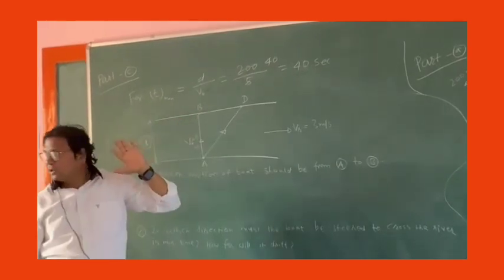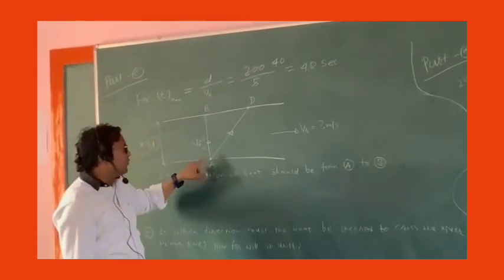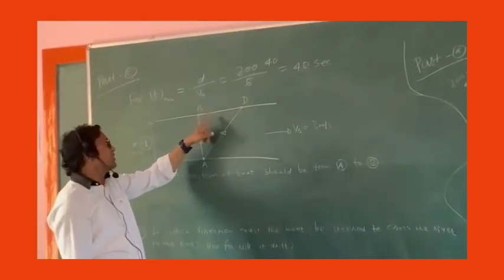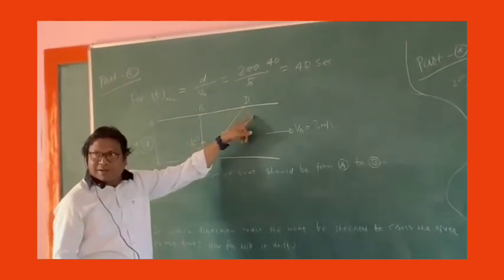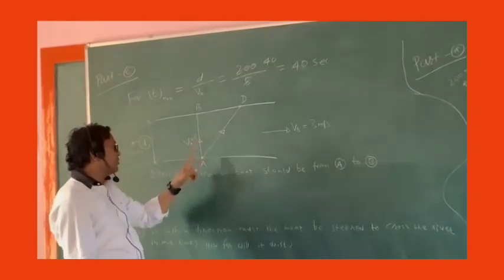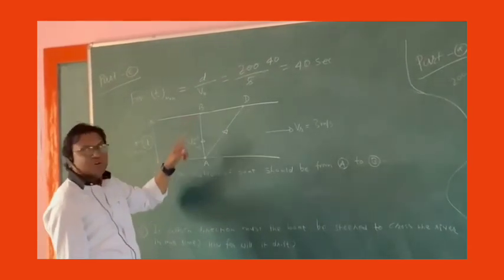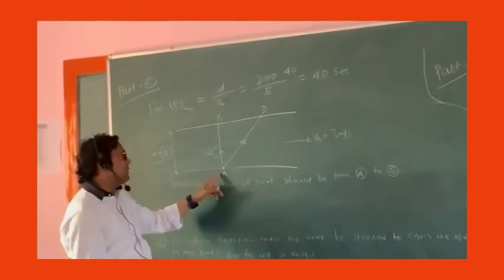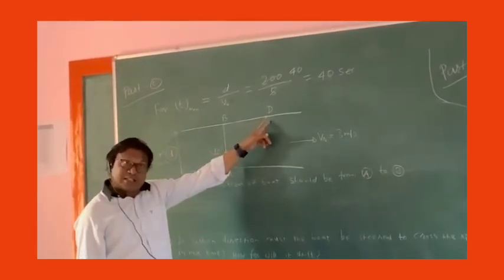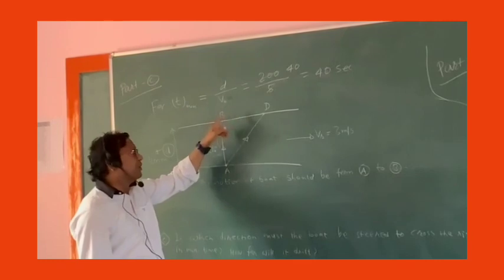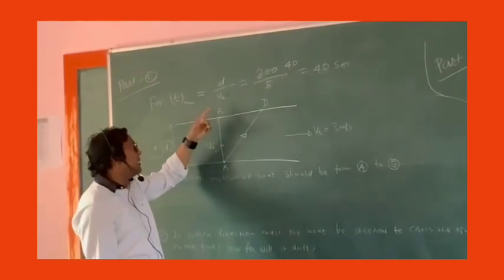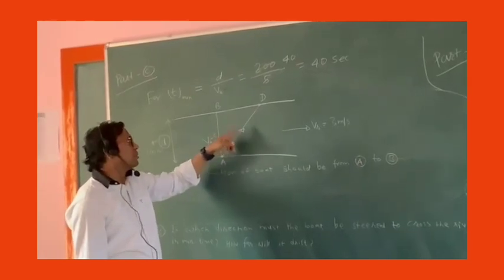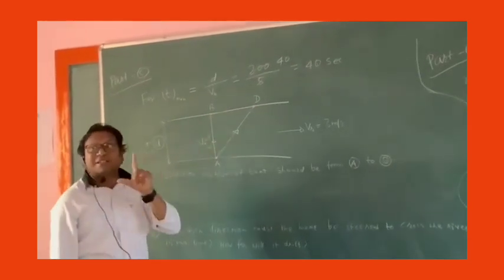Is it clear to all? So if you take 40 seconds from A to D, then indirectly you take 40 seconds to travel B to D, and the same time, 40 seconds, to travel A to B also. That means time to travel from A to D is equal to time to travel from B to D is equal to time to travel A to B. For all the 3 distances, time remains the same.